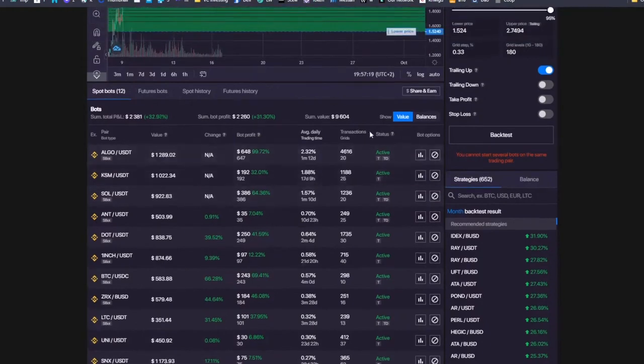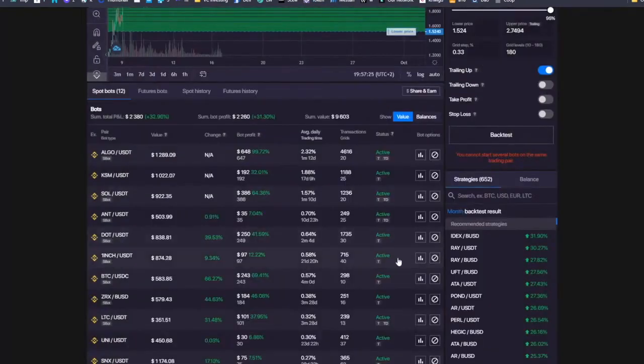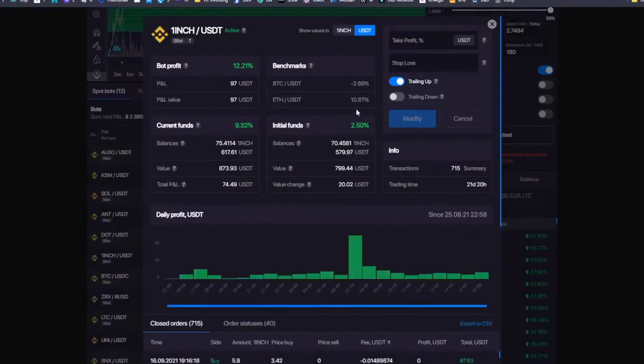Okay. Don't forget about the new analytics, the new dashboard you have here. So, for example, you can compare the results. What would it be if you would just hodl coins? That's the initial balance when you started the bot. And that's the result you would get if you would just hodl these coins. It would be just $20.